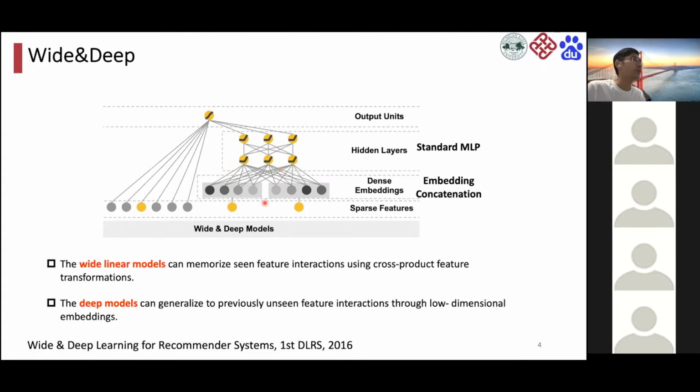In particular, the wide part is the linear regression for memorizing feature interactions, which requires careful engineering on the cross features. And the deep part is the neural network part for generalizing to unseen feature interactions through low-dimensional embeddings.